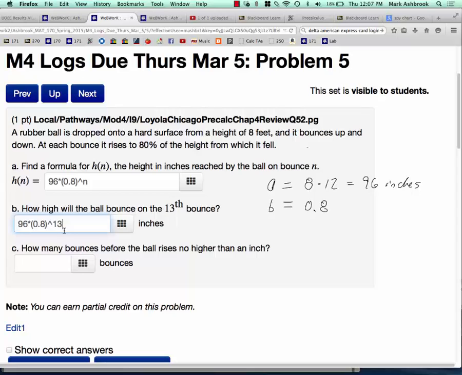Okay, so this is more of the question for the new stuff. So we want the ball to rise no higher than 1 inch. 1 inch. Input or output of our function? Output. Okay? So we're going to say h of n is going to equal 1. And we want to know what n does it.